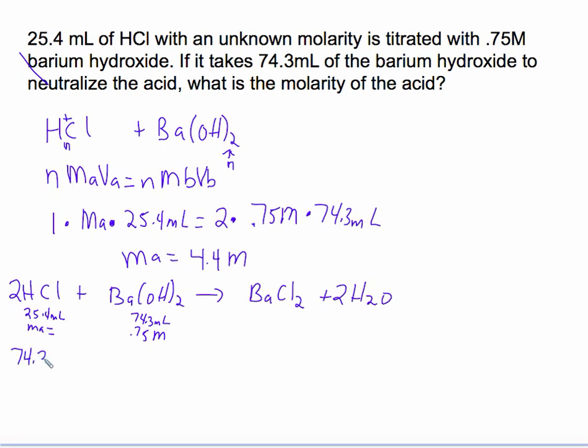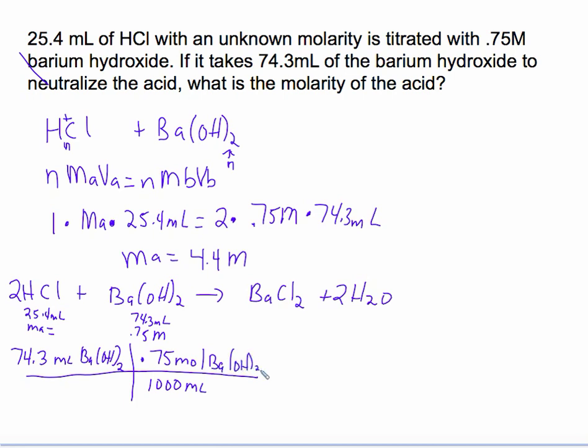Whenever you have a volume, like milliliters of Ba(OH)2, and you know the molarity of it, set up your picket fence just like this right away, and put the molarity here, that's 0.75 moles over 1,000 milliliters, because capital M is moles per 1 liter or moles per 1,000 milliliters. If you do that math right there, you would automatically be in moles.